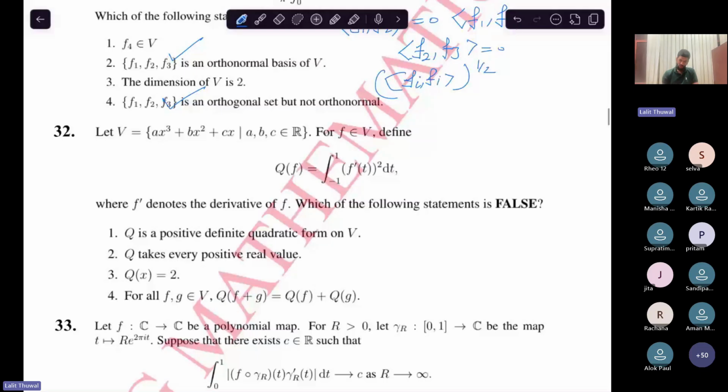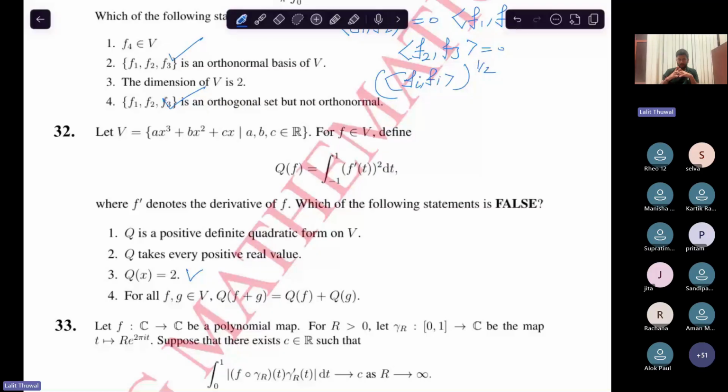Which of the following statements is false? Q is a positive definite quadratic form. And Q takes every positive real value. Q(x) equals 2, that's very easy to find because if you put x in place of f, then its derivative comes out to be 1. And if you integrate 1 over the interval -1 to 1, you know that it's 2, right?